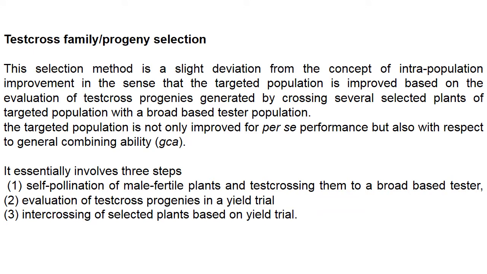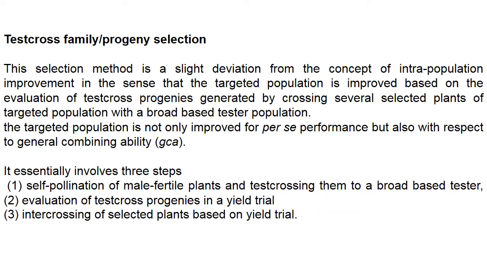Test cross family or progeny selection. This method is a slight deviation from the concept of intra-population improvement, in the sense that the targeted population is improved based on the evaluation of test cross progenies generated by crossing several selected plants of the targeted population with a broad-based tester population.